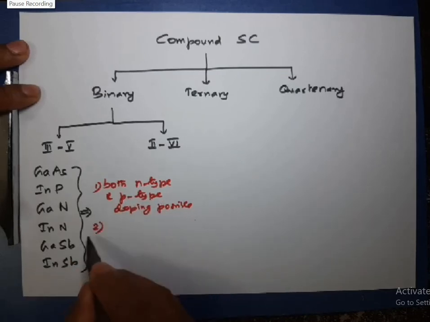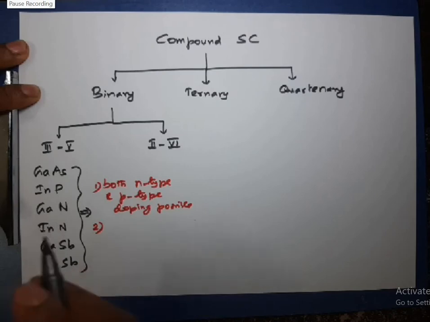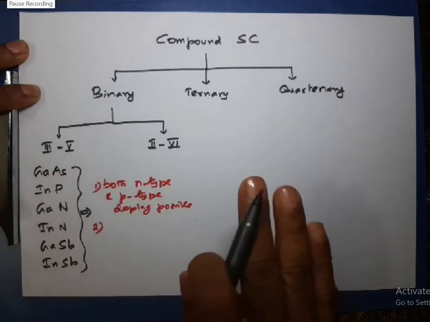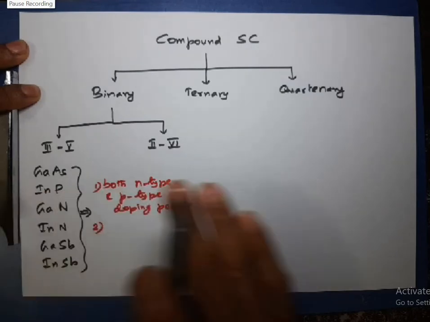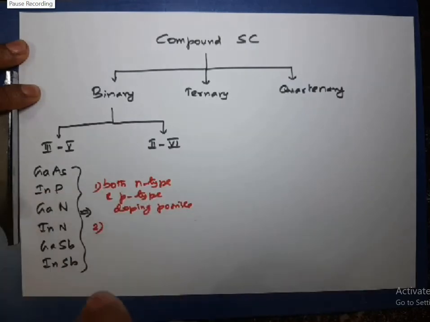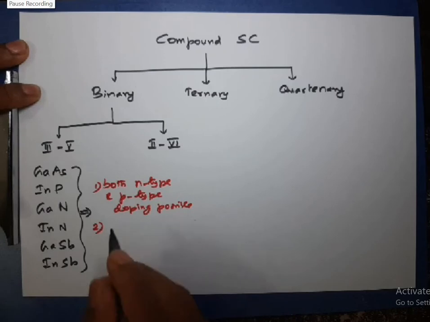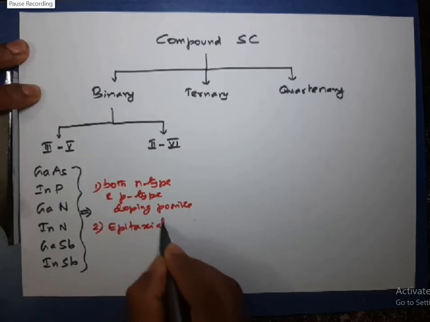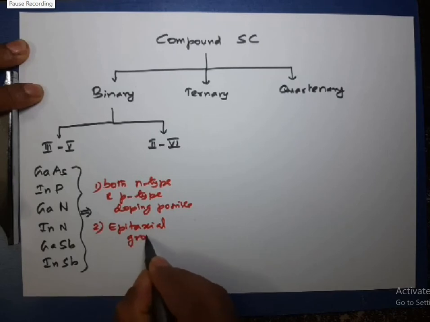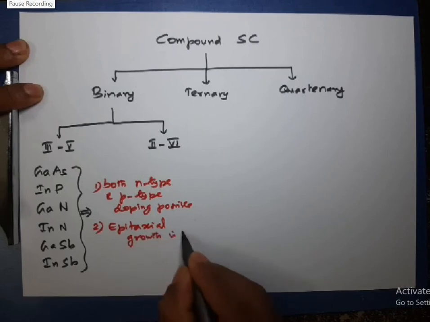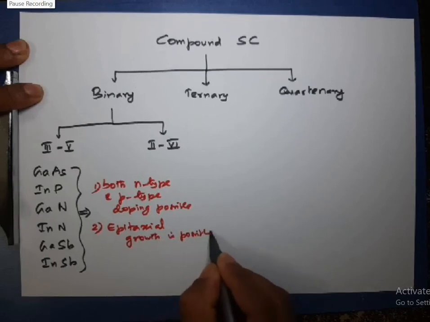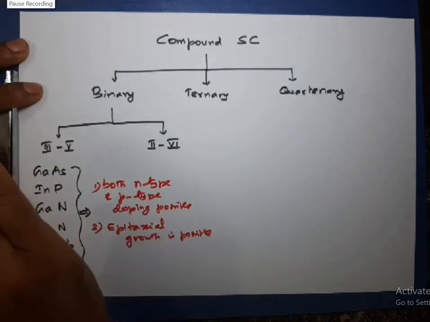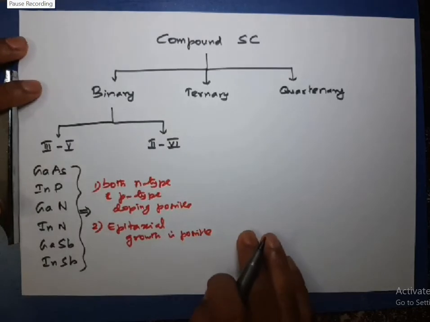Then the second one: these materials can be grown as a single layer of single crystal, or I can say the other way, epitaxial growth is possible. You can make a single crystal as a thin layer over a material.